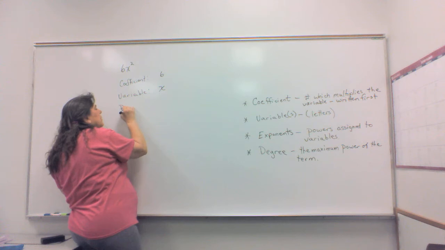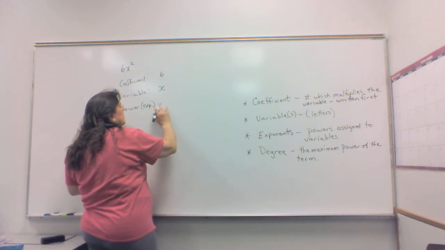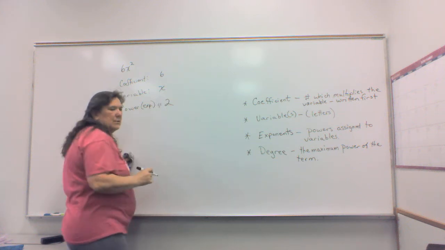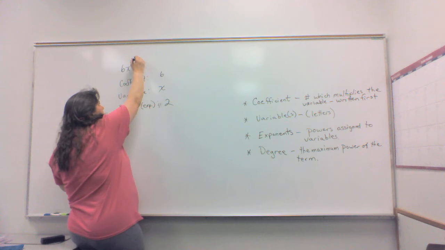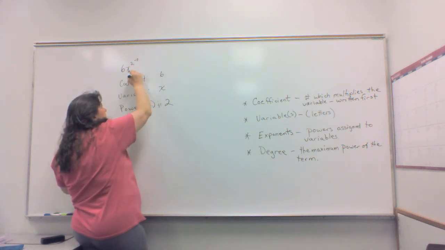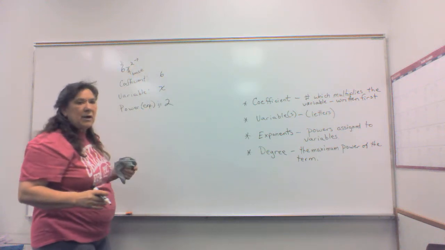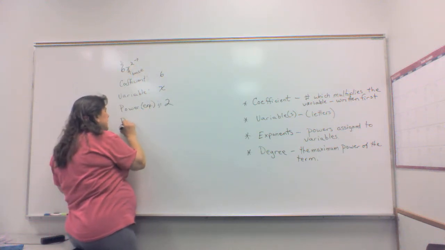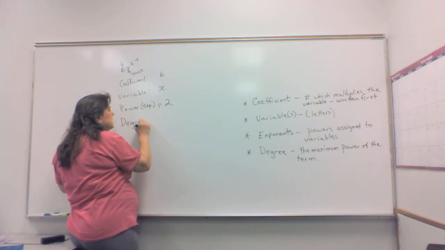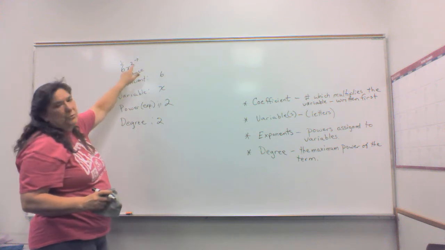The power, or the exponent, is the number 2. Okay, so here's your power or exponent, here's the base, and here's the coefficient. Now in this case, the degree of this term is exactly the same as the exponent. The degree of this term is 2.